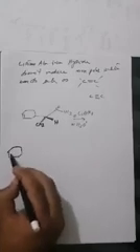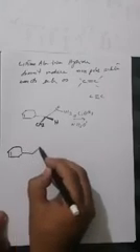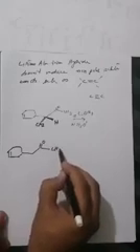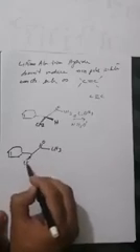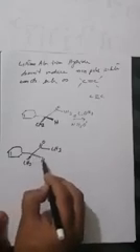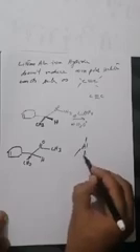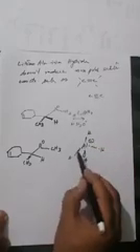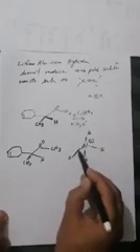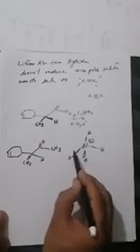So what happens now? You will have to focus on these functionalities, the keto group, and lithium aluminum hydride. It will release the hydride ion, which will act as a nucleophile.